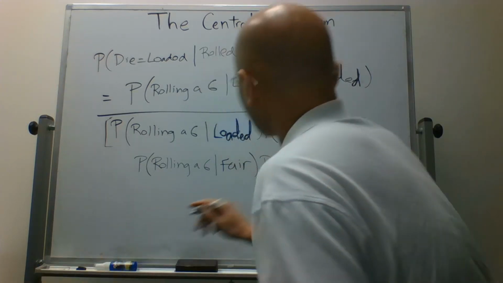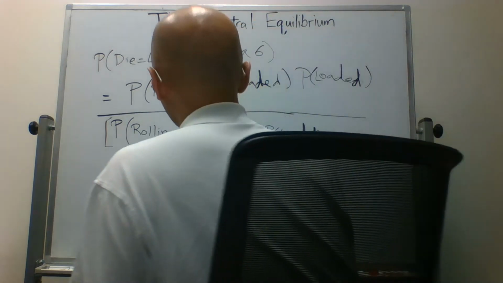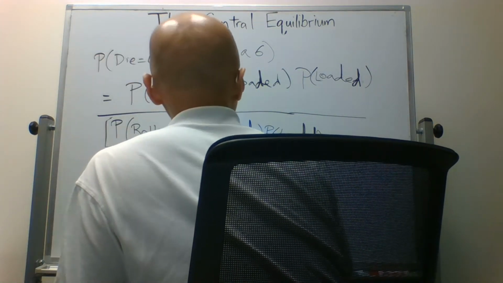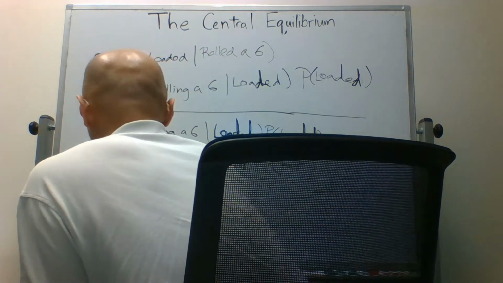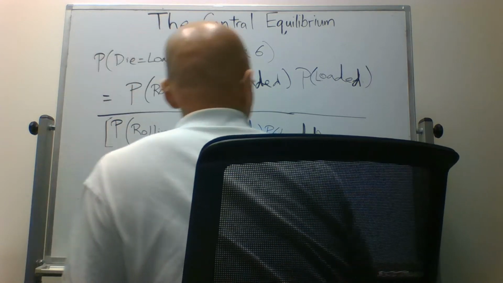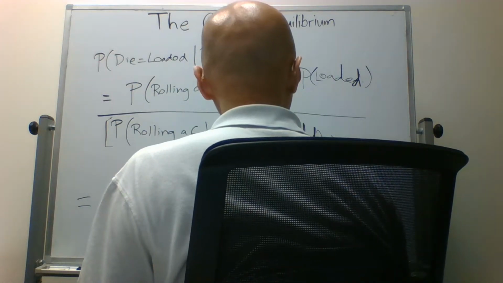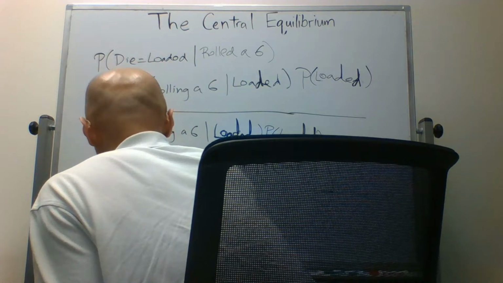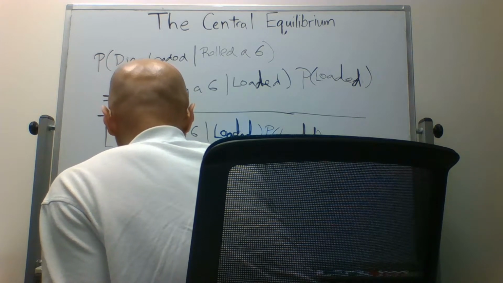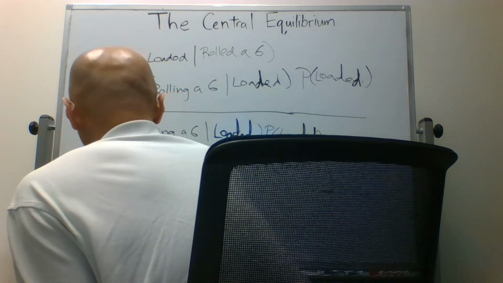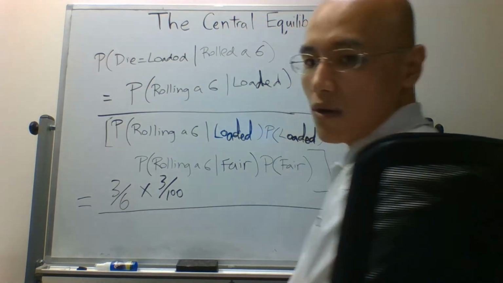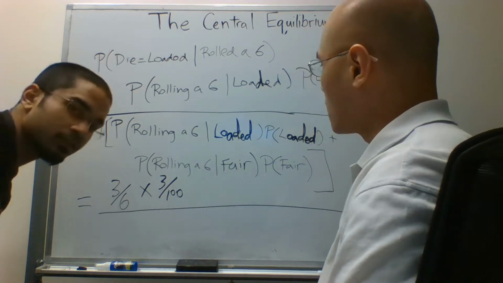We know that the probability of rolling a 6 for a loaded die is 3 over 6, and the probability that the die is loaded is 3%, so 3 over 100. That's the numerator.